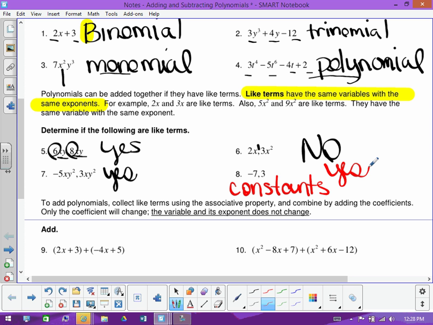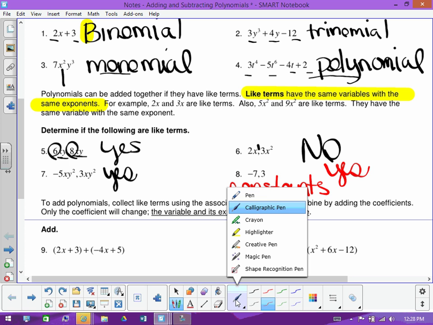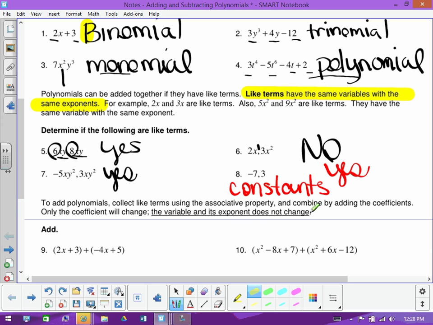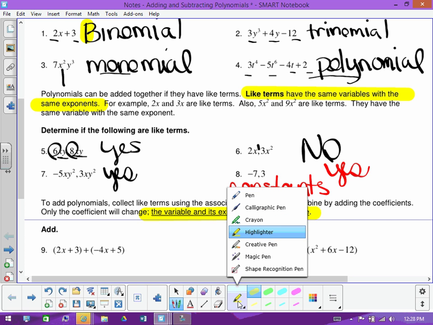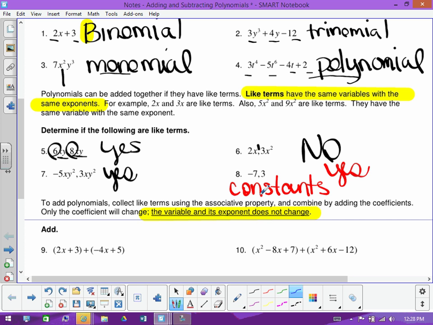Okay, so to add polynomials, we're going to collect like terms. This is something that we need to make sure that you highlight or circle here. Only the coefficient will change. The variable and the exponent do not change. We went through the whole thing about exponent laws.